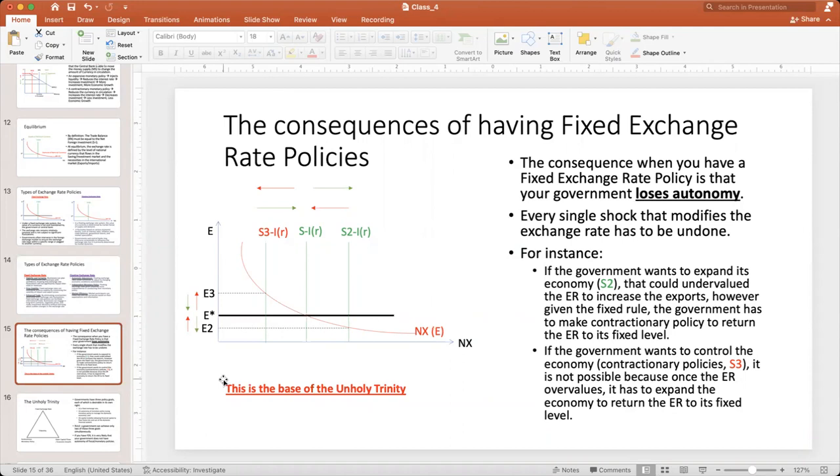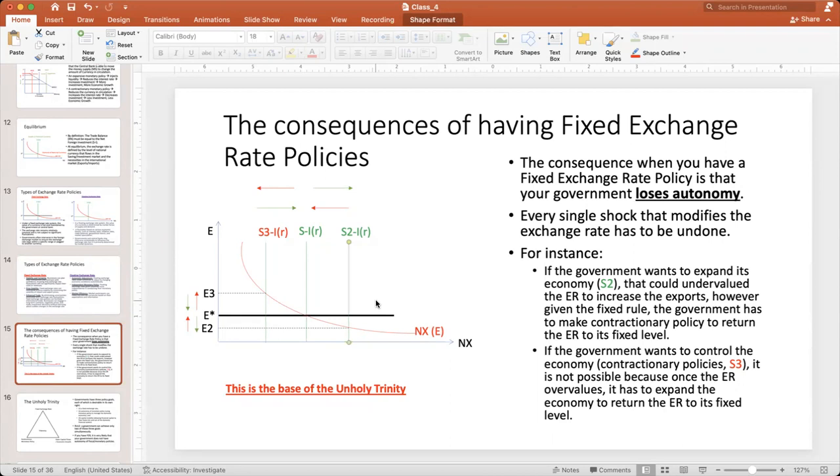For instance, imagine the government wants to expand the economy. They could put more currency into the economy, or create more roads or universities, or give subsidies, and so on and so forth.